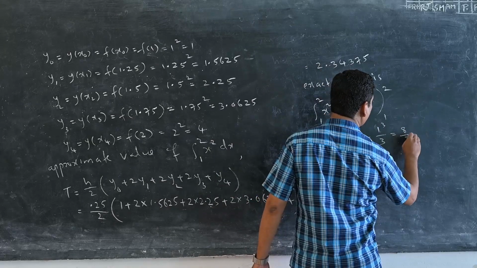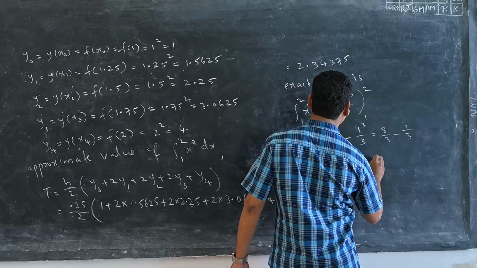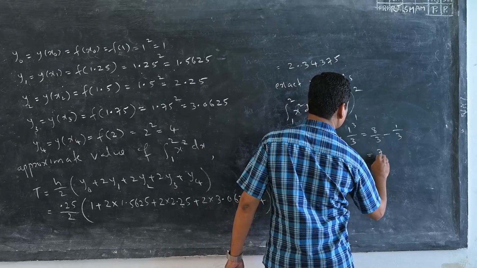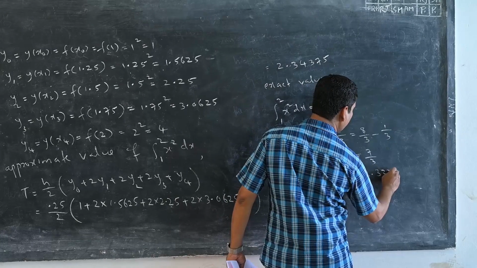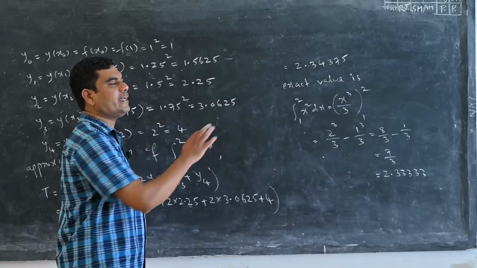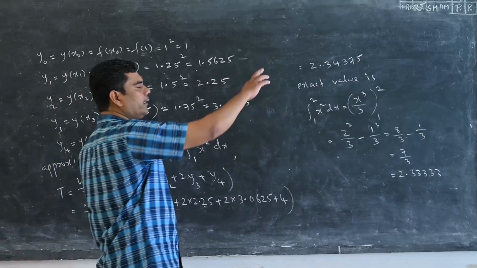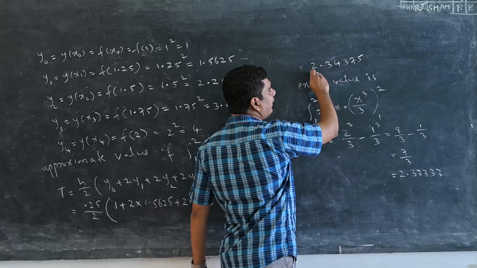This is 8 by 3 minus 1 by 3. This is equal to 7 by 3. This is equal to 2.33. This is the exact value, and this is the approximate value by trapezoidal rule.